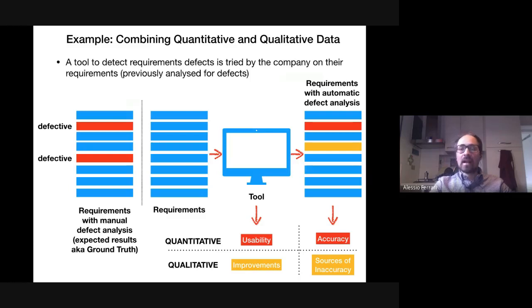And for the automatic analysis, you want to evaluate the accuracy in a systematic way by comparing the output of your tool with the output of the manual requirements analysis, with the ground truth, and you want to study in a qualitative way the sources of inaccuracy. So you want to understand what are the typical classes of inaccuracy of your tool, the sources of so-called false positives and false negatives.